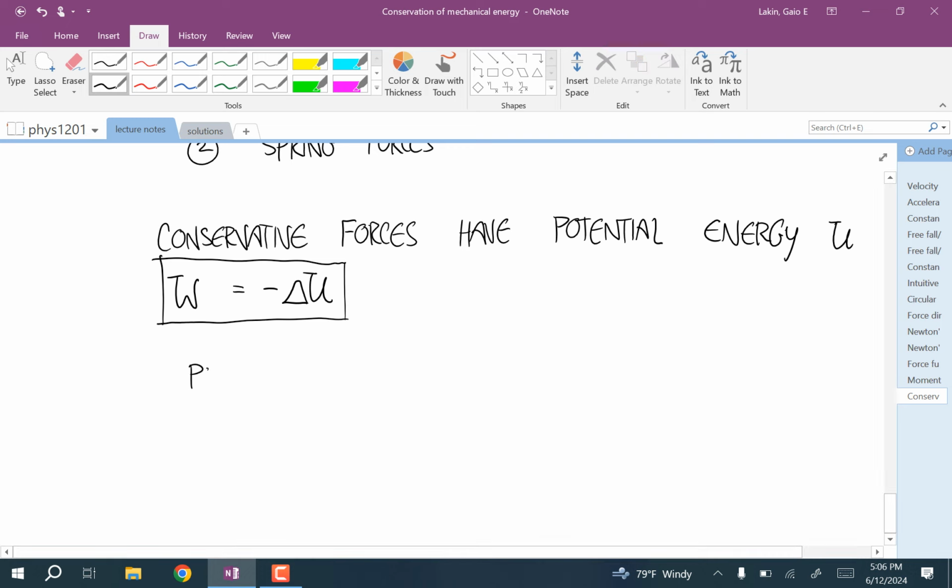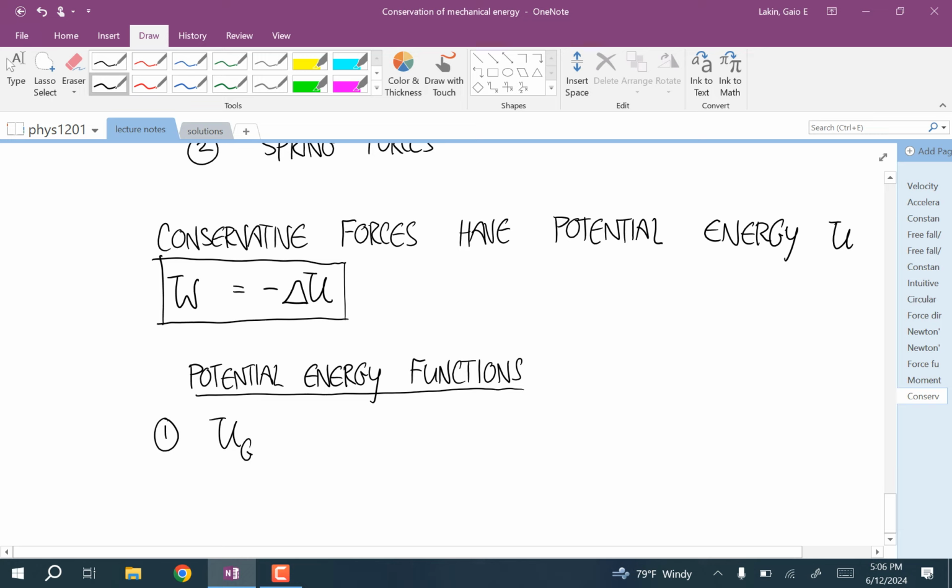And so here they are. The first one is the potential energy due to gravity.